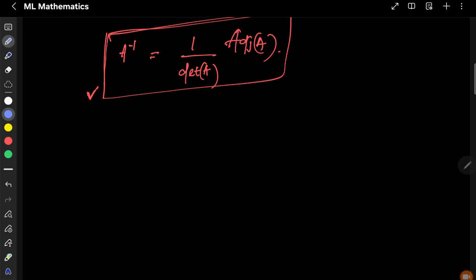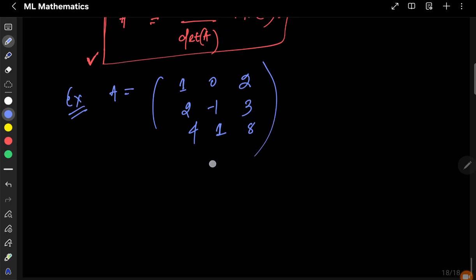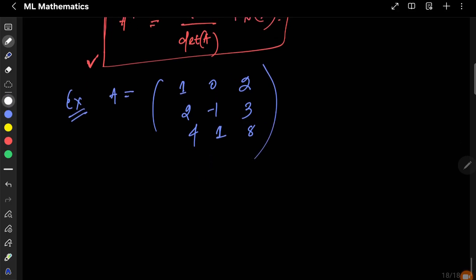If I have a matrix, let's say A is equal to, let's take an example. If it becomes a bigger video, sorry, hopefully you guys are okay with it. If this is 2, minus 1, 3, 4, 1 and 8, the moment I say this, first I need to find the determinant.